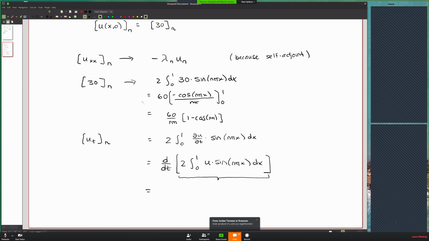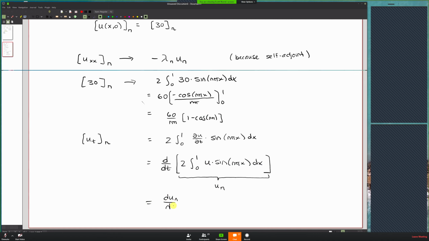It's the inner product of u and our eigenfunction divided by the inner product of the eigenfunction with itself. And we call that operation the projection or the transform. This is nothing more than the transform of u. And so this whole thing can be written du_n/dt.